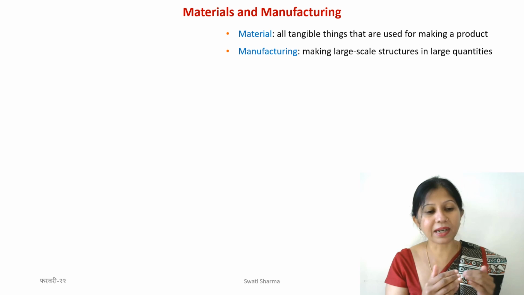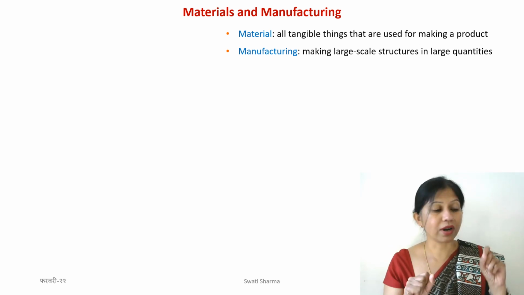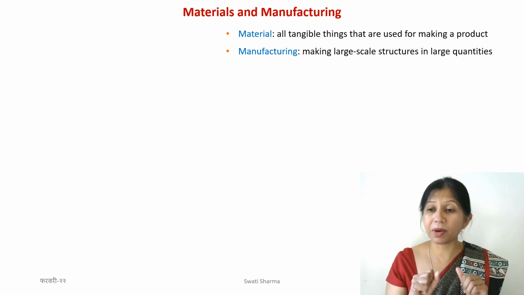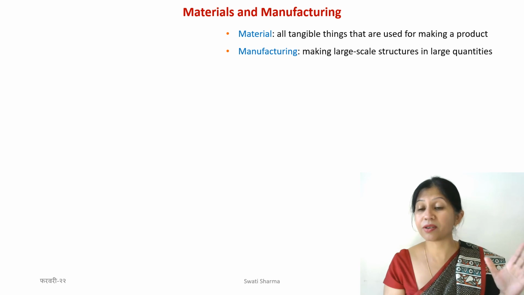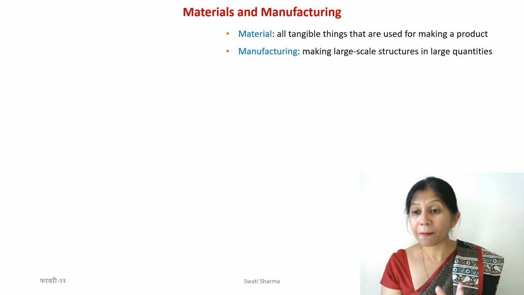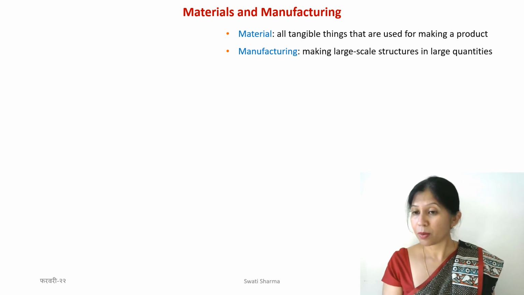Maybe a little bit of variation is possible, what we will call tolerance or error, but you should have a process which is capable of making hundreds of structures of the same type. That process then is an industrial manufacturing process.